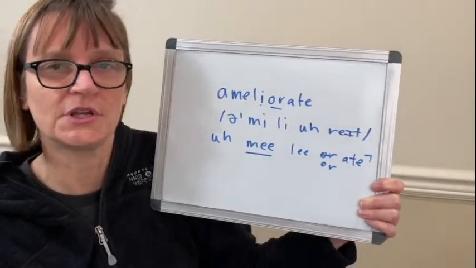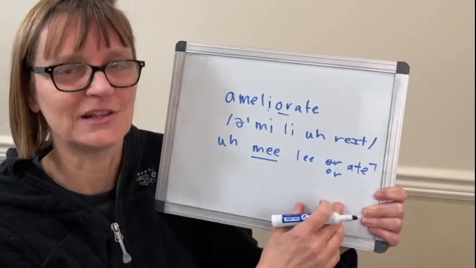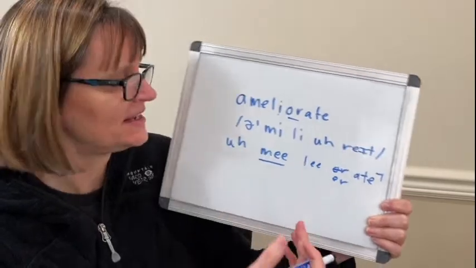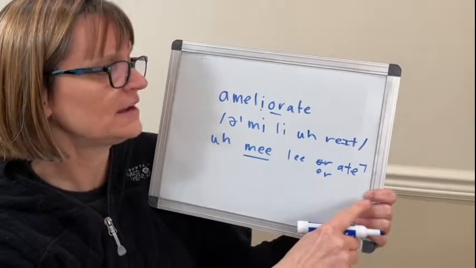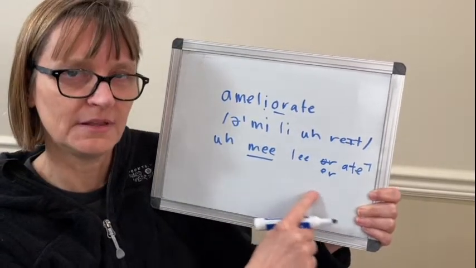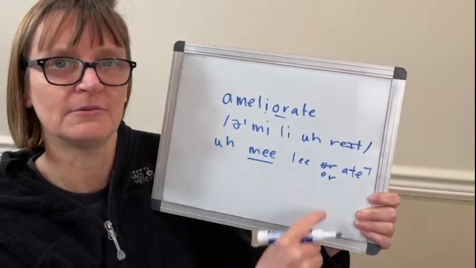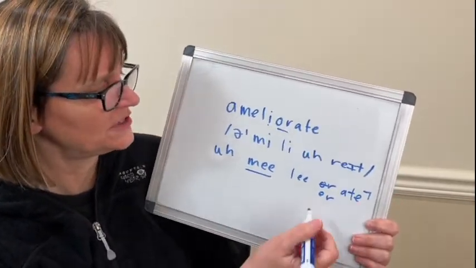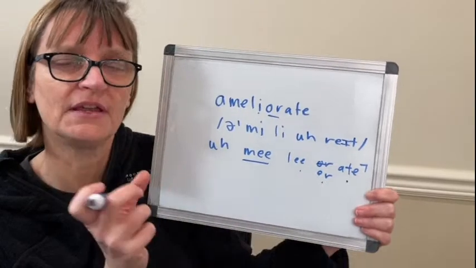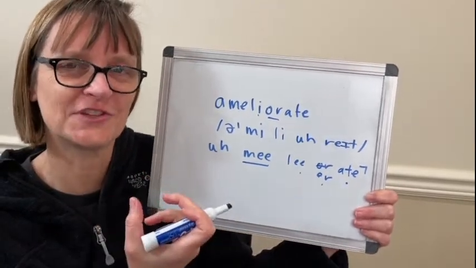This one, I would suggest breaking it down, practicing syllable by syllable, going slowly and then speeding back up. That would sound like ameliorate, ameliorate, ameliorate. That's definitely something that I would have to do, especially in a word like this that has three unstressed syllables.